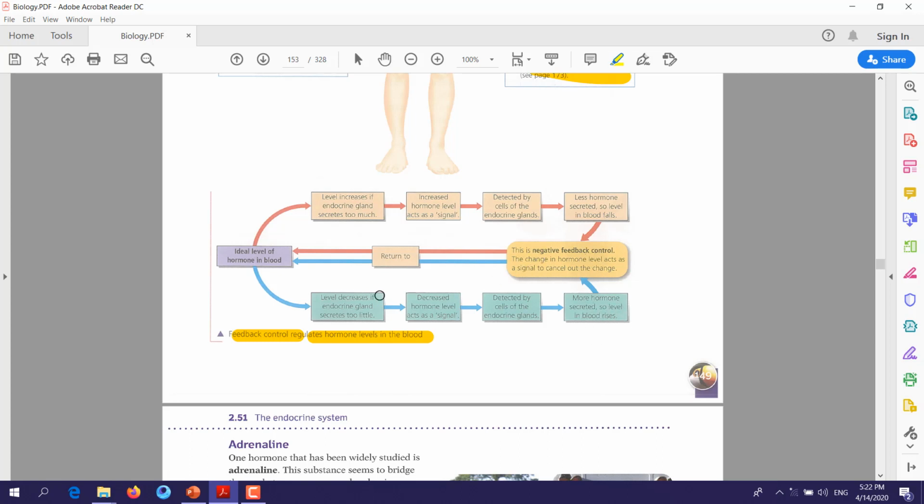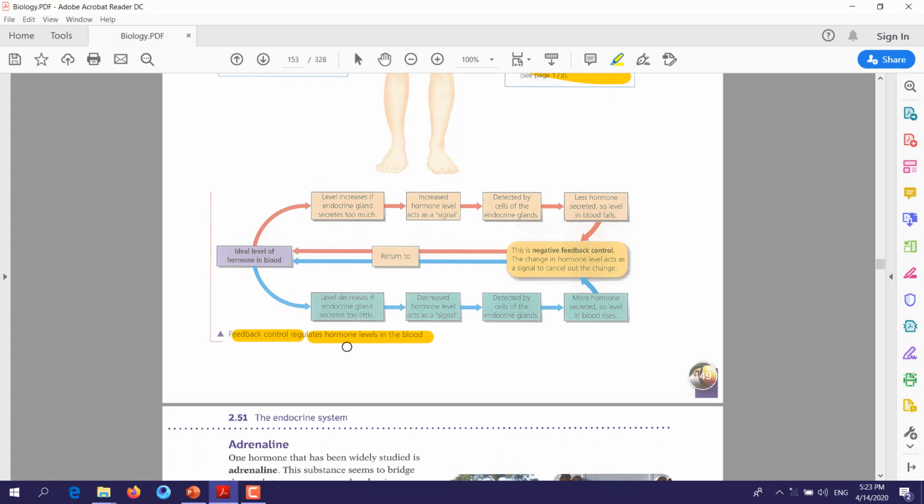This is feedback. The increase is a signal. This signal will be detected by cells. These cells will reduce secreting or releasing of the hormone. Now this will give feedback to the glands. Now again, it's the ideal level.